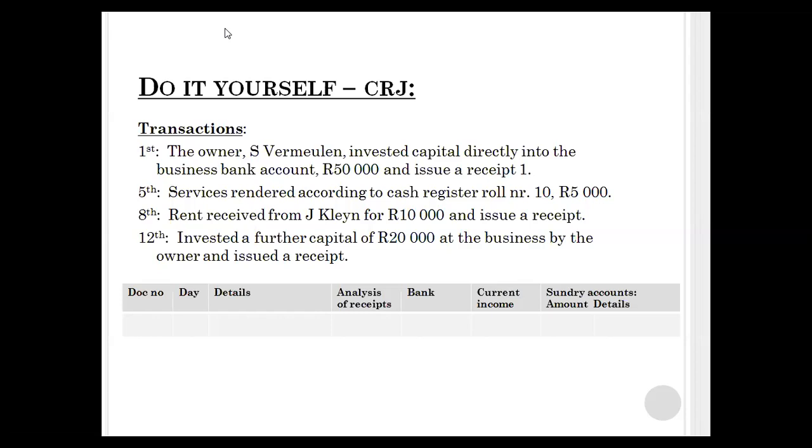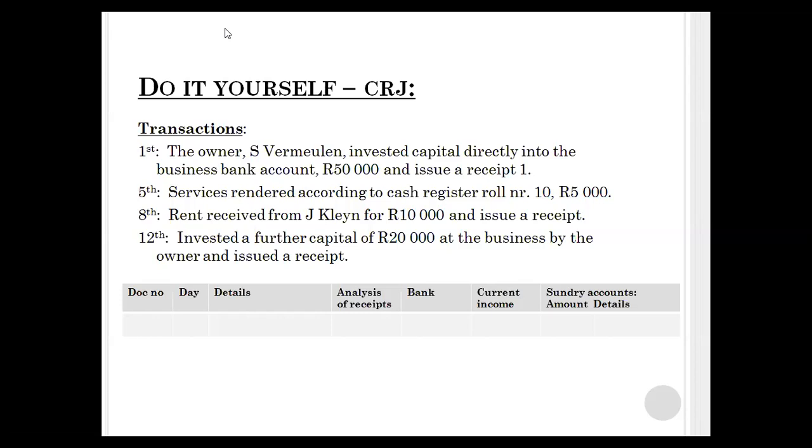Then on the 12th, the owner invested a further capital of 20,000 at the business and a receipt was issued. So your document will now be receipt number 3, or R3, on the 12th.